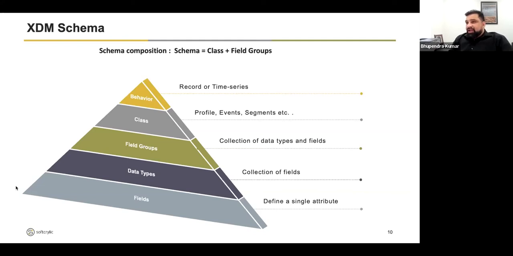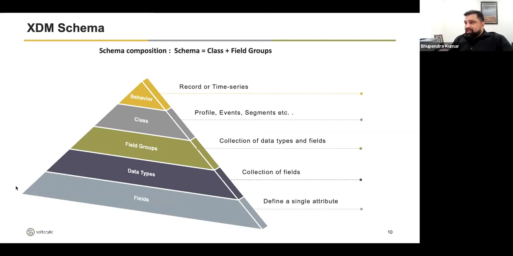So when defining a schema, you should have the field as a granular entity. The next step is data types, which are basically a collection of fields. You can create a person data type where you have first name, last name, home address, and all that information as fields.